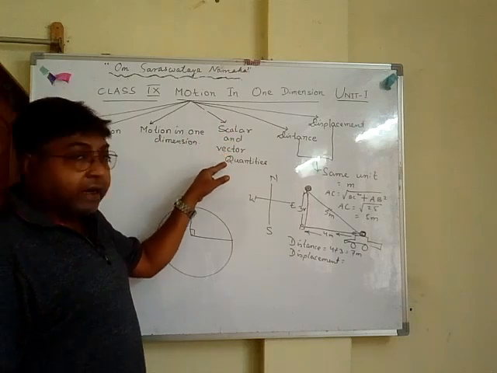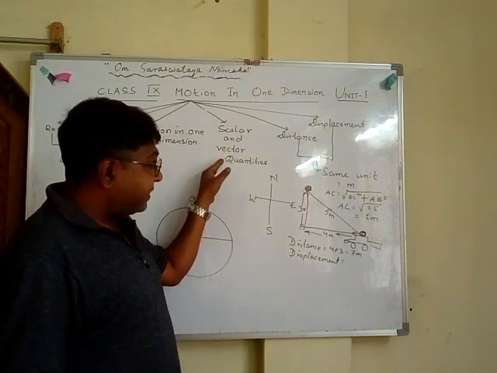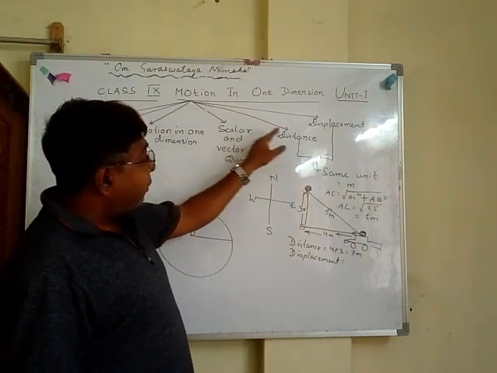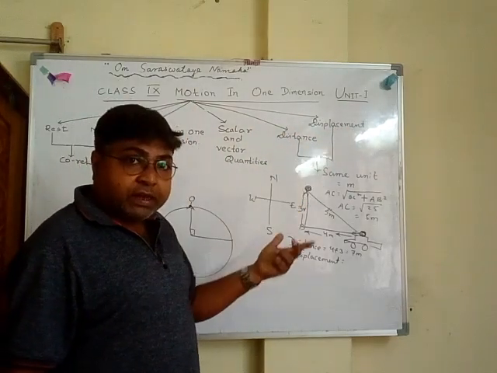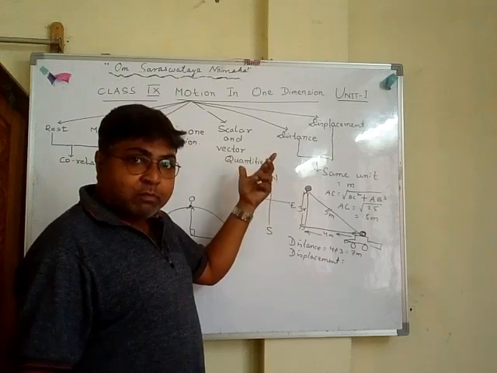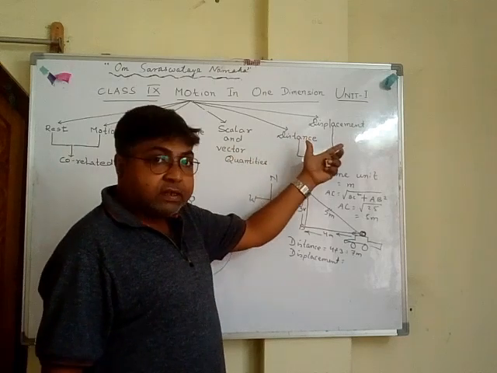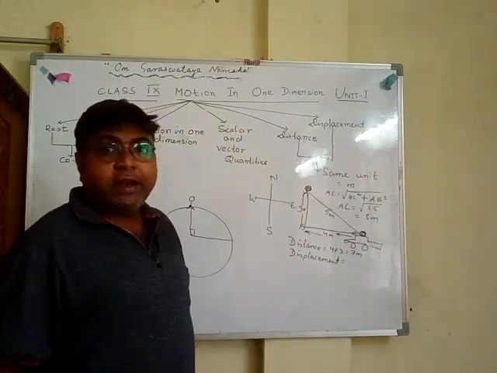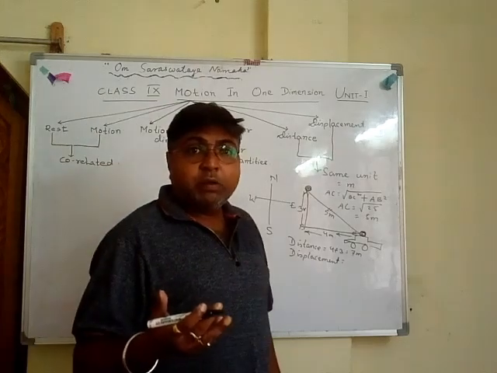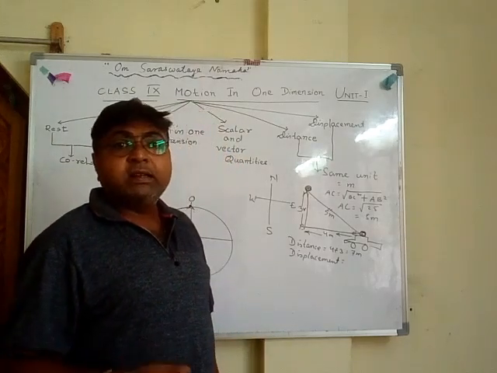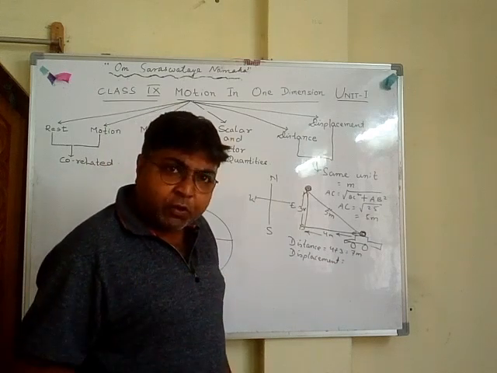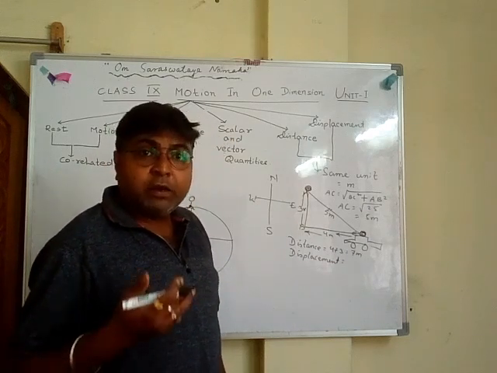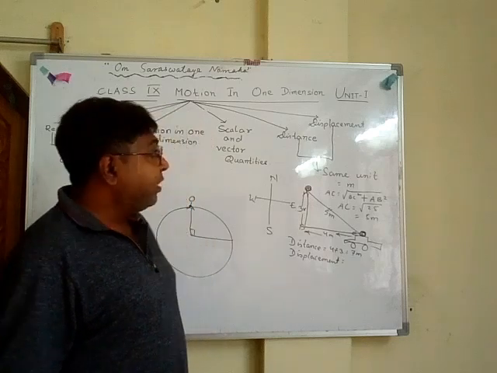I told you about scalar and vector quantities, I gave you some examples, I told you about distance and displacement. Some questions which normally come in the exam related to distance and displacement, as to when distance and displacement will be same, when they are not same, can distance be zero, can displacement be zero, I have answered those.